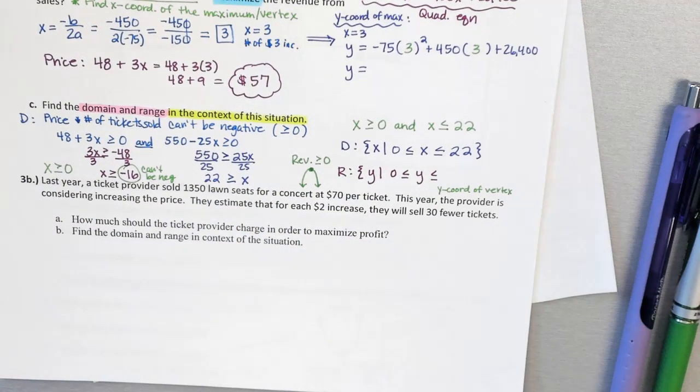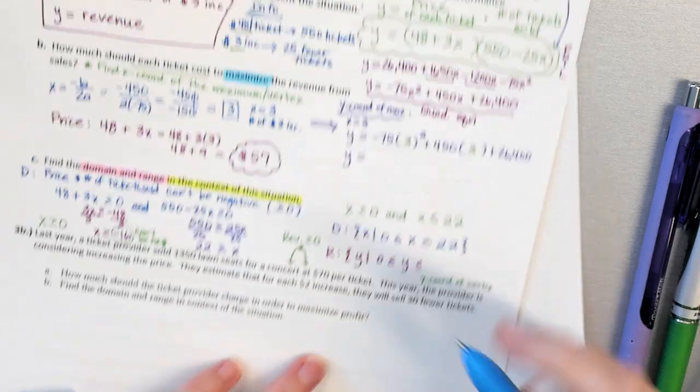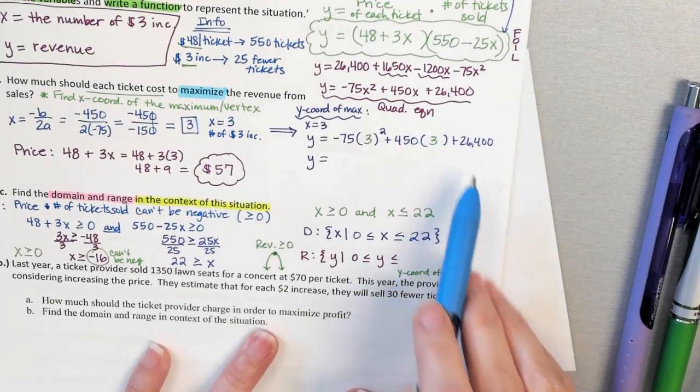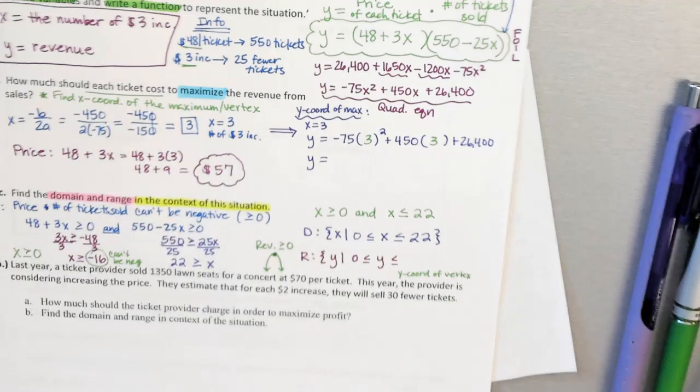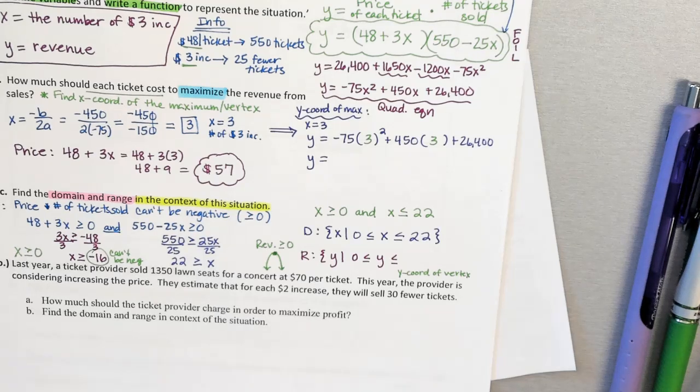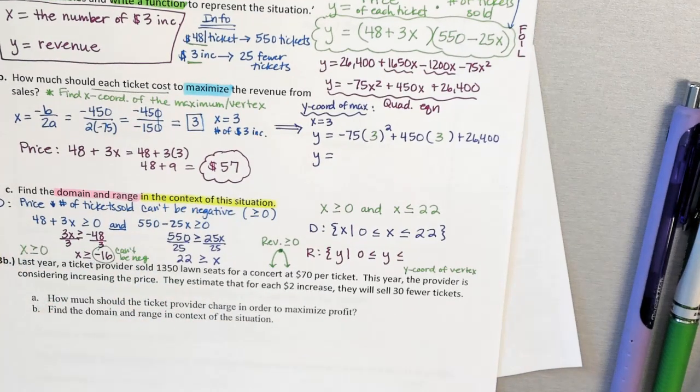I wrote this out wrong. This should be the 400. Then you plug in the 26,000. So for here you have the 26,400. And then what do you guys get for your y value? Toby, what'd you get?